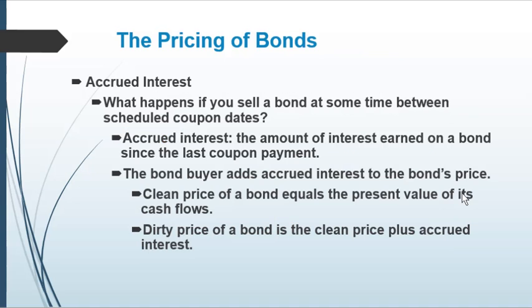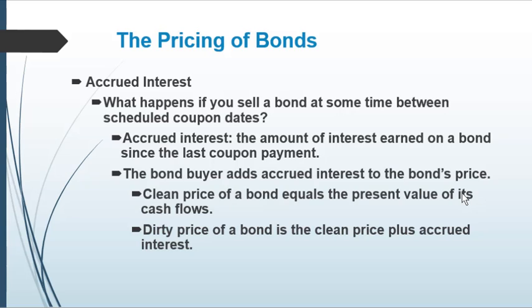Now what happens is, and I'm not so particular that we understand exactly how the math works here, but what happens if you buy the bond in between coupon dates, right? So if the coupon was supposed to be paid last month and it's paid every 6 months, a month has passed, so the person who owns the bond now is entitled to 1 month's interest.